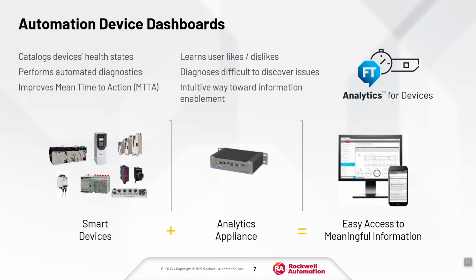So when we apply this appliance to a given network, we give it a range of IP addresses to go scan. Once those devices are found, we generate a dashboard that represents device level detail that users or maintenance people can use to make better decisions and capture exactly what's happening in the control system.